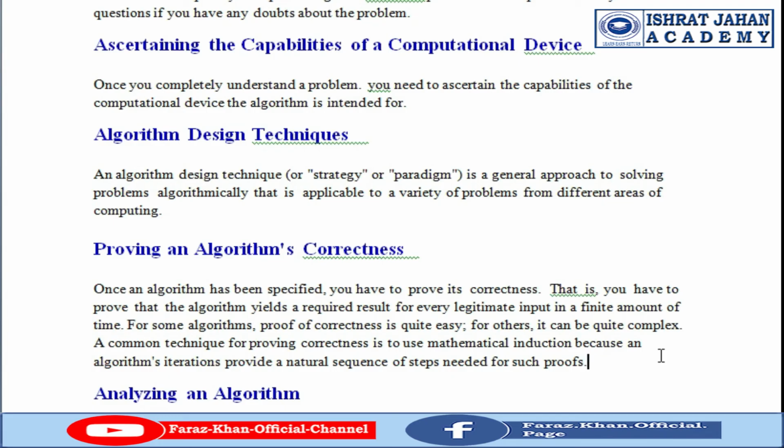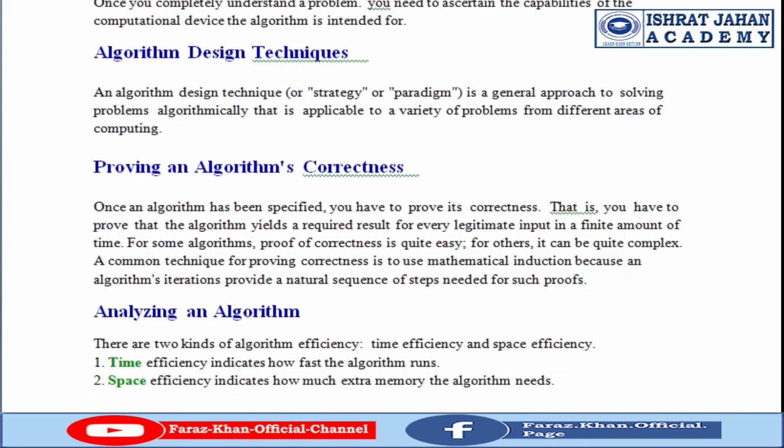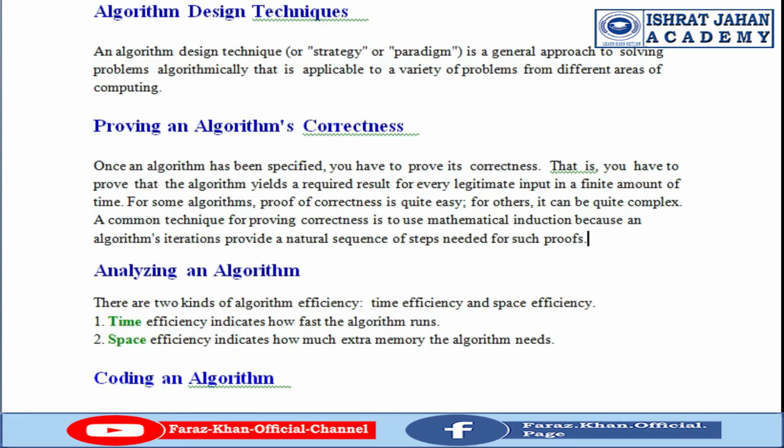So the second last step would be analyzing the algorithm. Analyzing the algorithm means there are two kinds of algorithm efficiency: time and space efficiency.